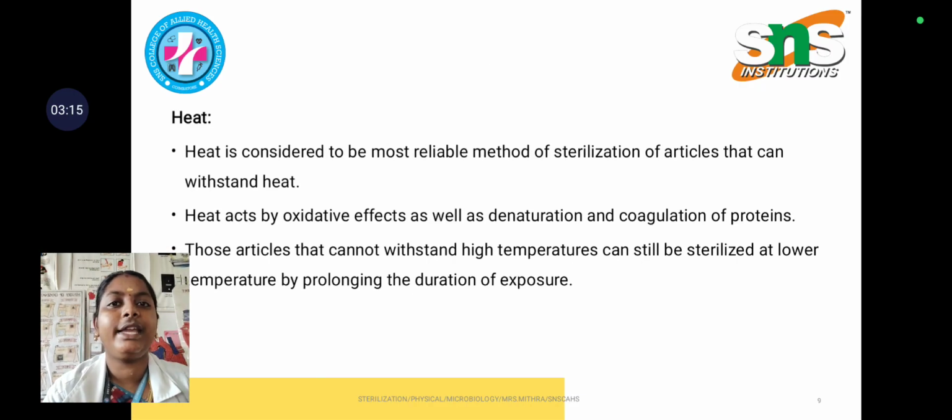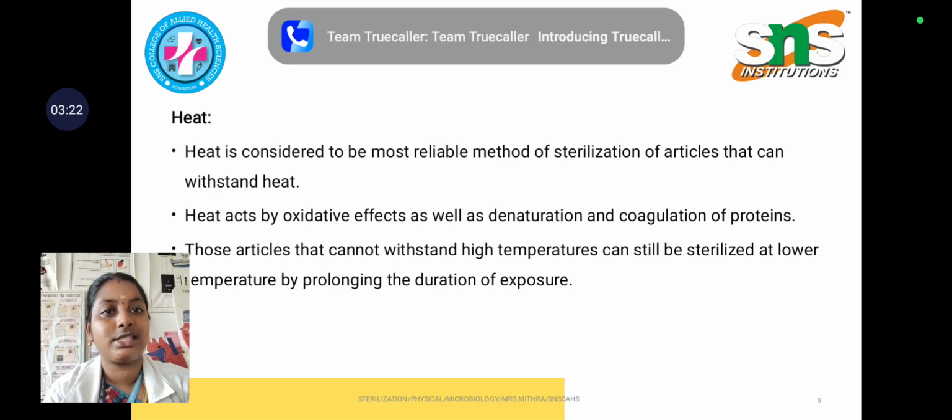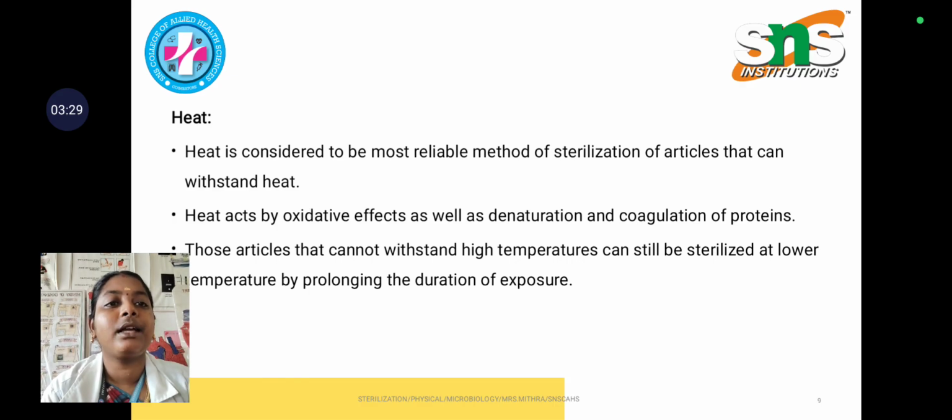Coming to heat, it is considered to be the most reliable method of sterilization. Heat acts by oxidative effects as well as denaturation and coagulation of proteins. Articles that cannot withstand high temperature can be sterilized at low temperature by prolonging the duration of exposure, because heat sensitive materials cannot withstand that type of heat.